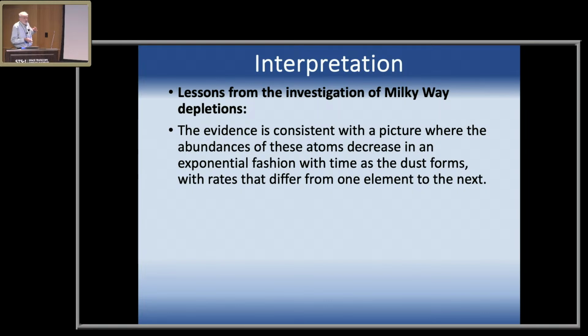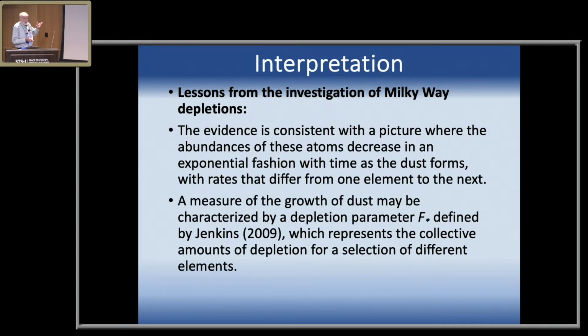Okay, this is consistent with a picture where the abundances of the atoms decrease in an exponential fashion with time, which is what you'd sort of expect, but with rates that differ from one element to the next. You can think of the F-star as kind of the arrow of time as the dust grains grow in the interstellar medium.